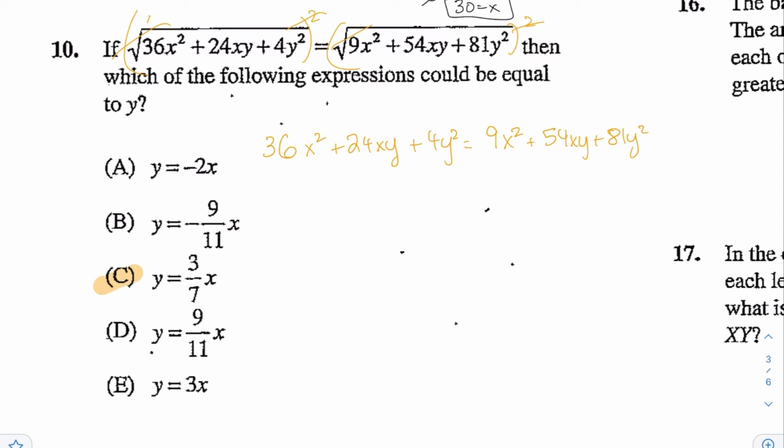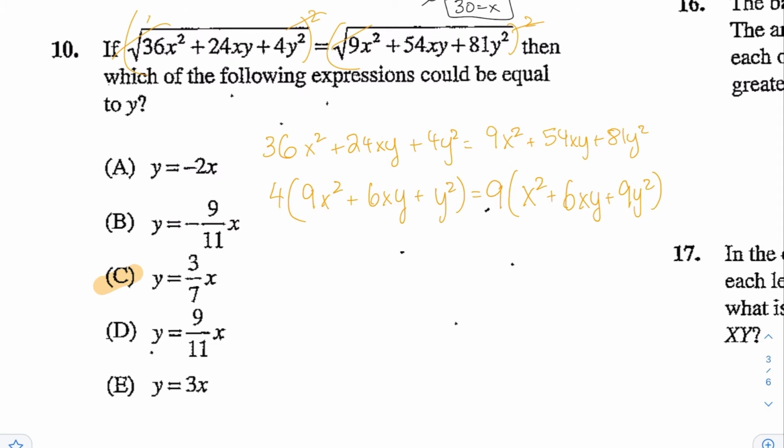So on the left side, you can factor out 4. If you factor out 4, you end up with 9x squared plus 6xy plus y squared. And on the right side, you have 9, 54, 81. They're all multiples of 9. So we can factor out a 9, and that will give you x squared plus 6xy plus 9y squared.